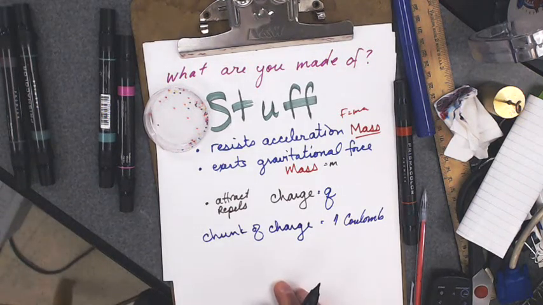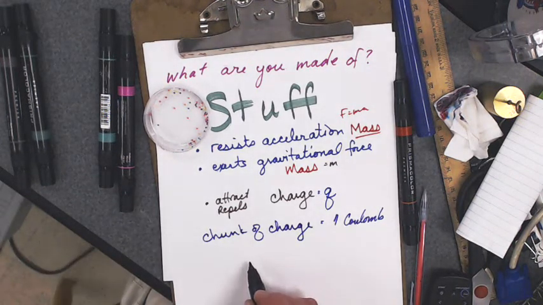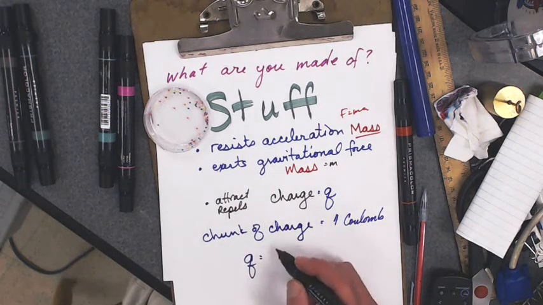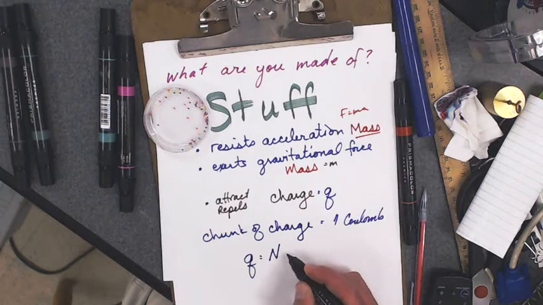What's interesting is that charge also comes in smaller chunks. It comes in chunks of the electron.